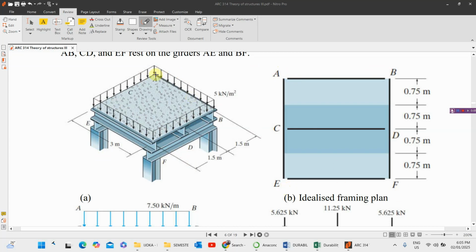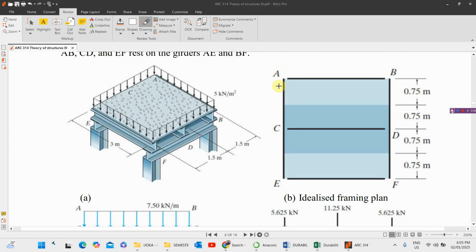Now, this AB, which is the outer beam, what load is it going to carry? As I demonstrated the other day, if three people are carrying a beam or a plank, with one at the edge, another at the center, and another at the other edge, the person at the center will be carrying half of the weight to both front and back, while the person at the edge will just be carrying half from here to here.